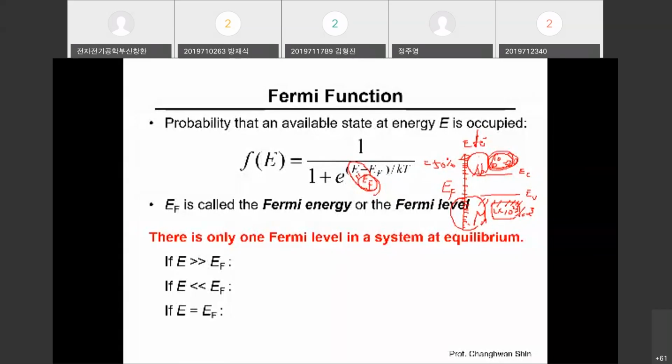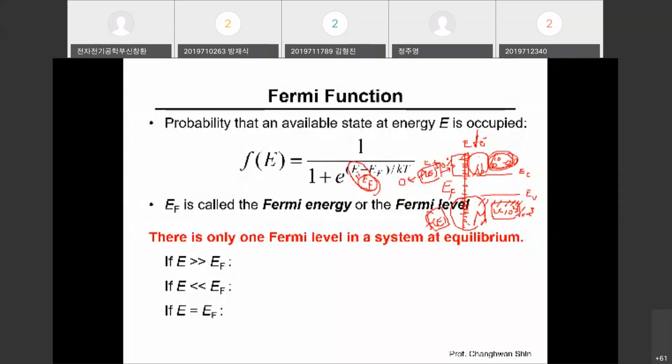If you pick any energy level within the valence band, then F of E, meaning the probability of finding an electron, is about 100%, approaching the value of 1. What about any energy level corresponding to the conduction band? Then the probability of finding an electron is approaching 0. Maybe 2%, 1%, 0%. My question is, which energy level corresponds to the 50% probability of finding an electron?